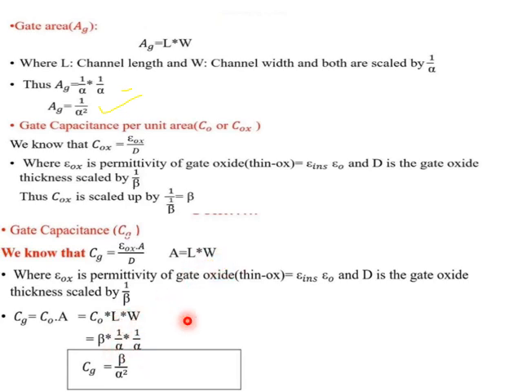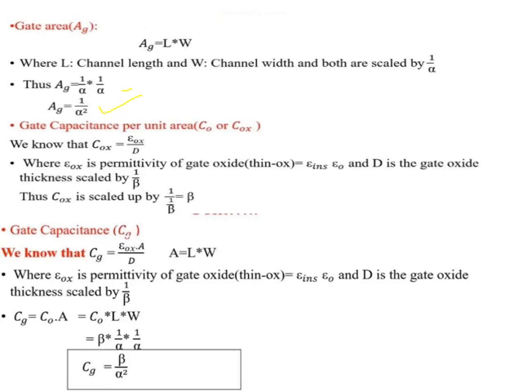So the gate capacitance is changed by a factor of beta by alpha square. Gate capacitance per unit area COX is scaled by a value of beta. Gate area is scaled by a factor of 1 by alpha square.